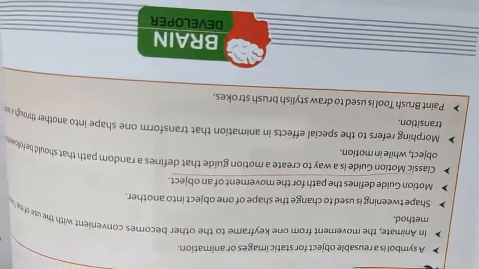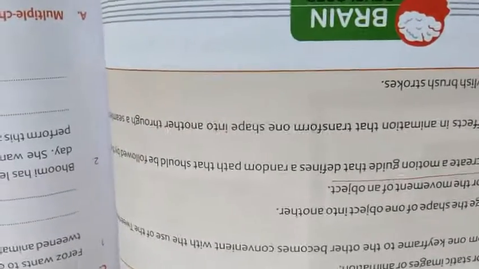Classic motion guide is the way to create a motion guide and define the random path that should be followed by the object while in motion. Morphing refers to the special effects in animation that transform one shape into another through a seamless transition. The paintbrush tool is used to draw stylish brush strokes.